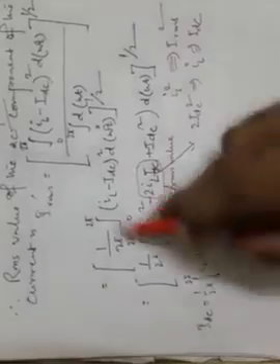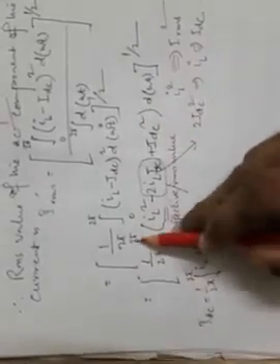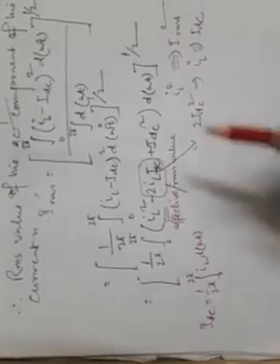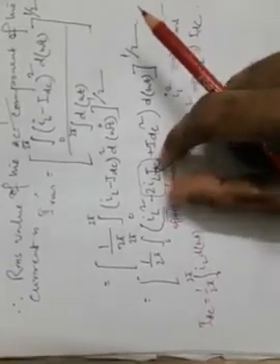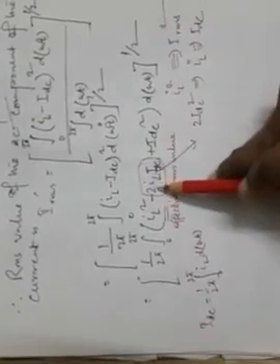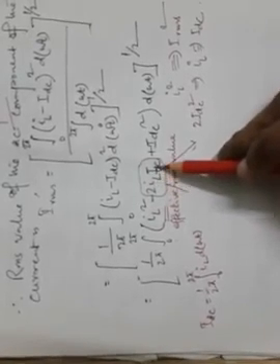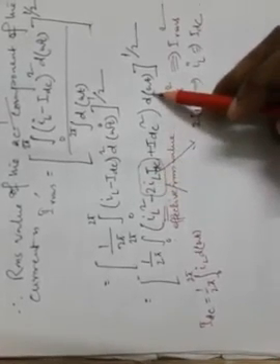So if you compare this one with this one, here it is 1 by 2 pi integration 0 to 2 pi like this. Take the second term of this integral, IL IDC d omega t.